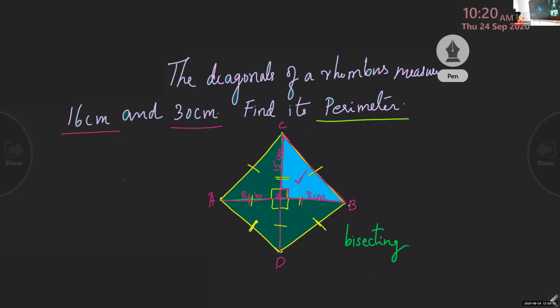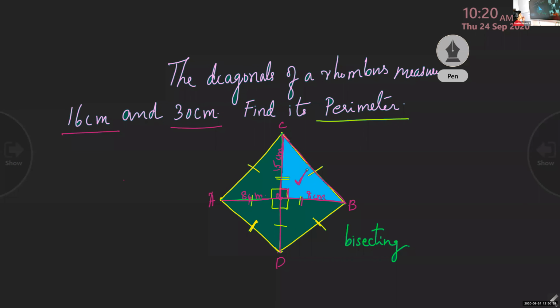So what is the name of CB then? Tia? Hello? I told you in this right triangle, CO is altitude and OB is the base. Then what is CB? Hypotenuse. CB is the hypotenuse.